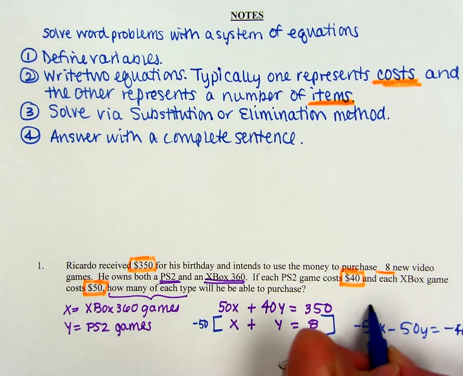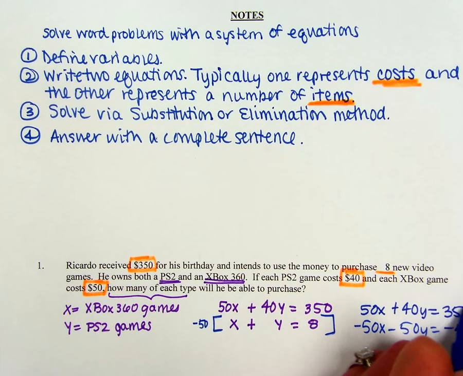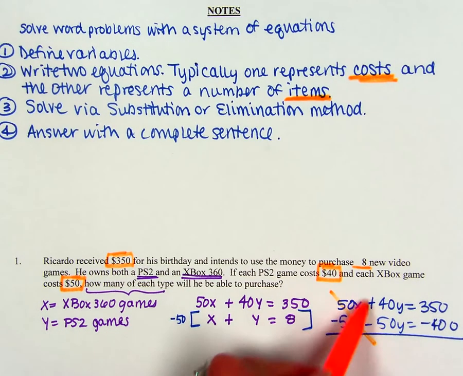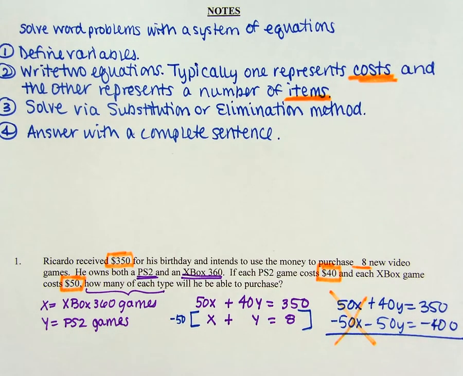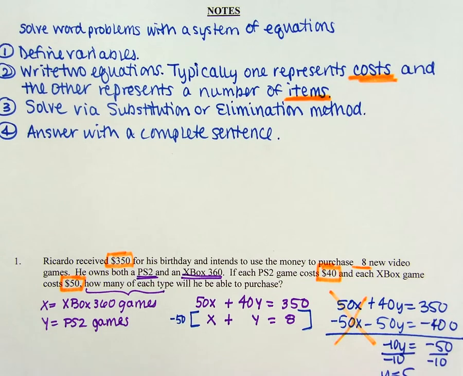All right, the top equation I didn't change, so I'm just going to copy it down. And if I add these together, one of my variables should cancel. So these are opposites, so that goes away. And if I add, I get negative 10y equals negative 50. And if I divide by negative 10, I get y equals 5.